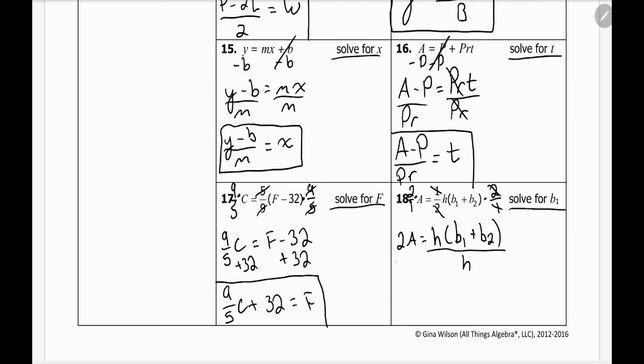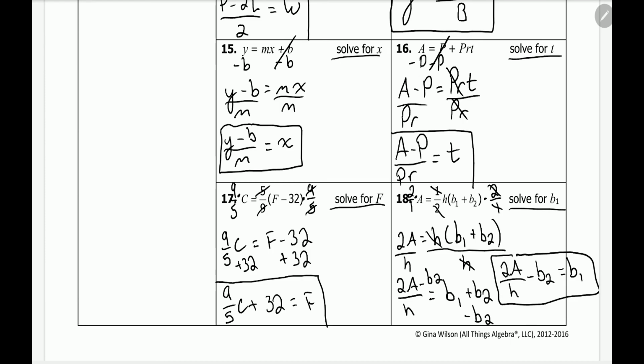So that means we have to divide by h. Those cancel. We're left with 2a over h is equal to b1 plus b2. We're asked to solve for b1, so that means we have to subtract b2 from both sides. So we have 2a over h minus b2 is equal to b1.